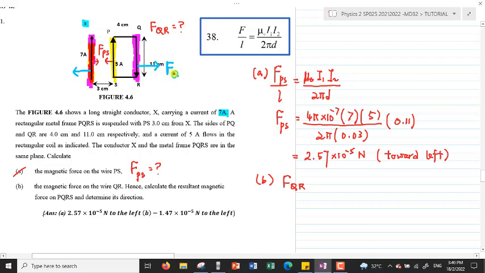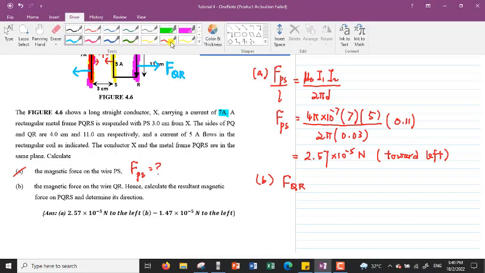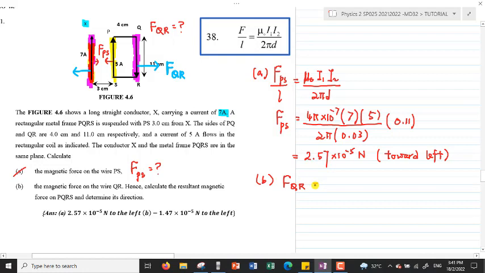So this is the force acting on wire QR, whereby wire QR will experience a repulsive force from wire X because both of them carry current in opposite directions. Alright, so we can calculate the value of FQR using the same equation just now.